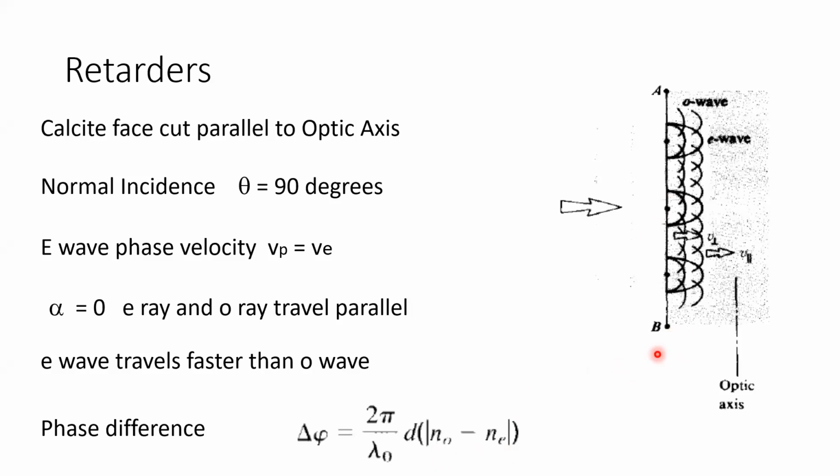Since we are dealing mainly with the concepts, we have tried to understand how these two classes of devices work. The Nicol prism is a device which creates polarized light, and retarders are a general class of devices which also create polarized light, but they can also modify the polarization character of an incident light.